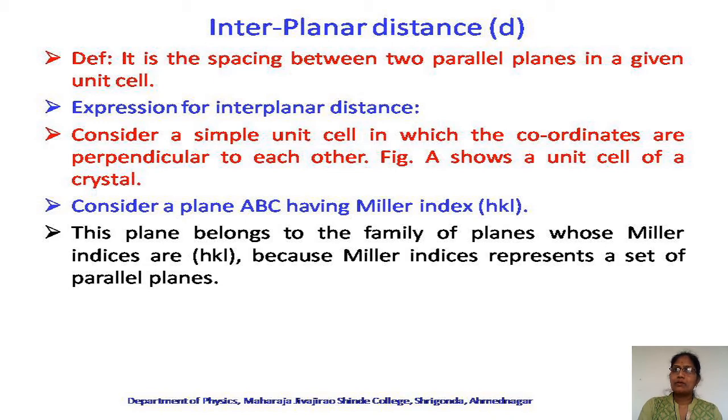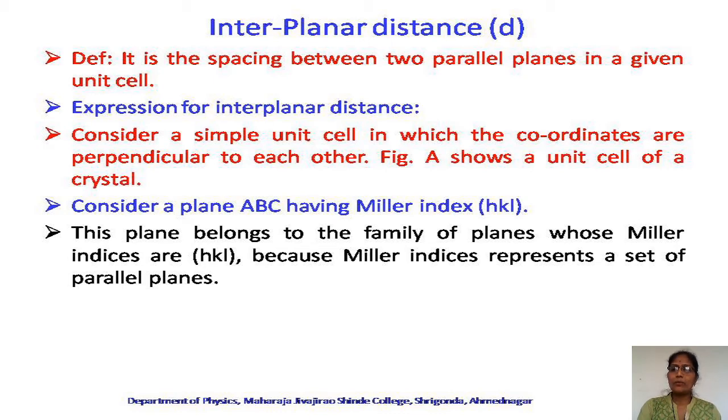But if we consider a set of parallel planes, the distance between two parallel planes remains constant, and this distance between two successive parallel planes is called the interplanar distance. The value is constant for a given crystal, but its d value will depend on its direction. Therefore, we have to calculate the interplanar distance.